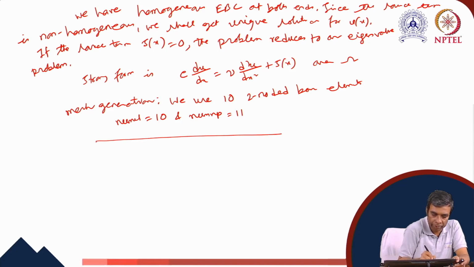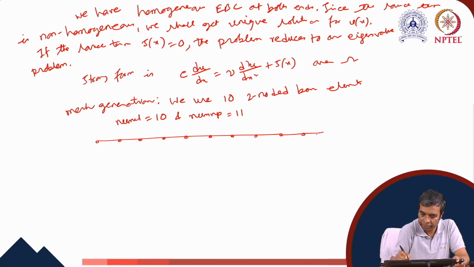So this is our domain. So we have 11 nodes, so global node 1, 2, 3, 4, 5, 6, 7, 8, 9, 10, 11. This is the x direction.